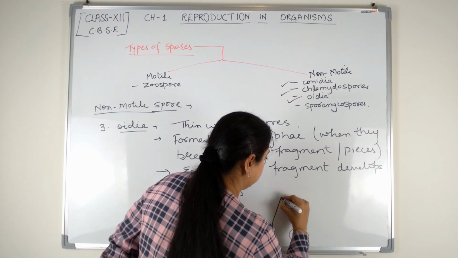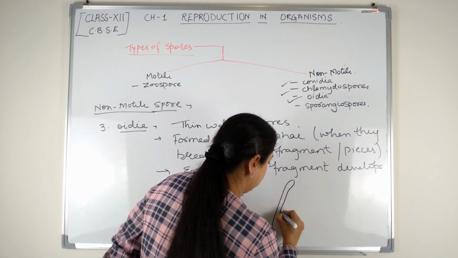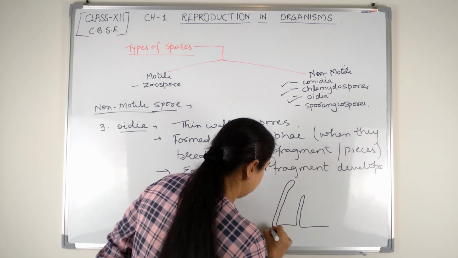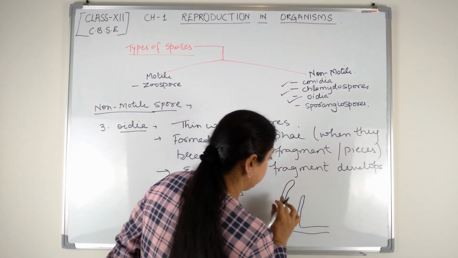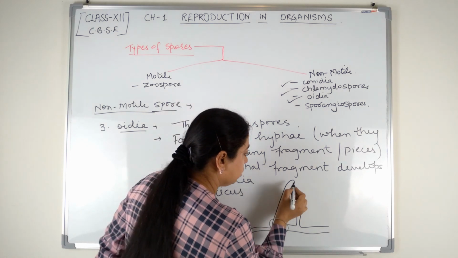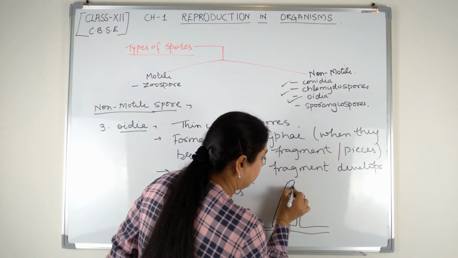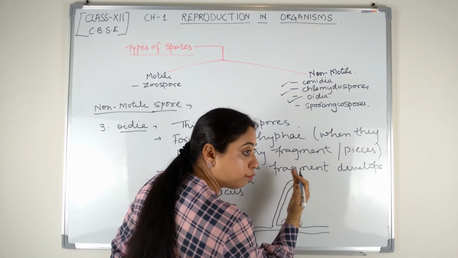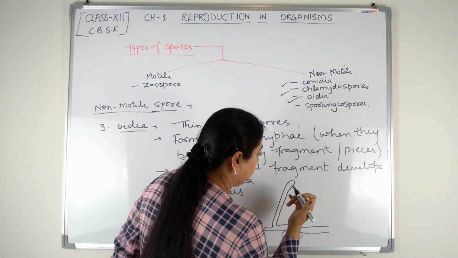What happens is that, suppose this is a hyphae, these are hyphae. Now what happens at the tip of the hyphae, this part of the hyphae gets pinched off and separates from the parent organism.